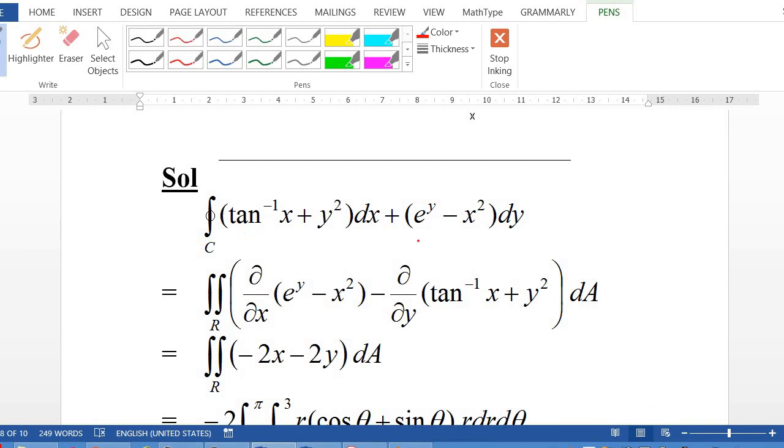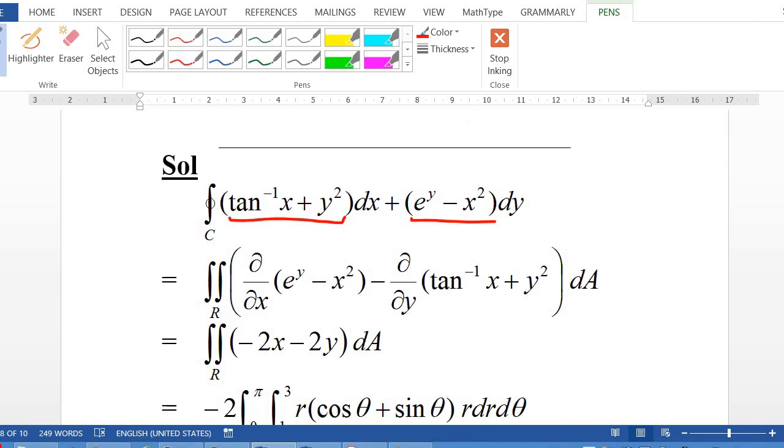So with the double integral, del del x of the coefficient of dy minus del del y of the coefficient of dx, dA. Del del x of e to the y, where y is constant, you get 0. Del del x of negative x squared, you have negative 2x. Minus del del y, where x is constant, arctan x gives 0. Del del y of positive y squared, you have 2y. So the total is negative 2x minus 2y.